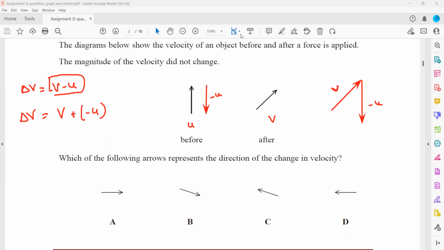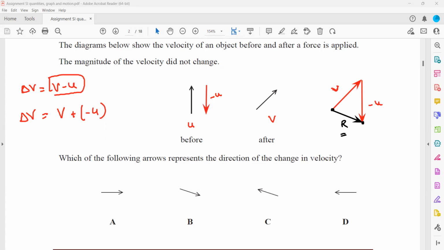And what about the resultant? The resultant is always from the tail of the first to the head of the last. That will be the resultant vector. So whenever we draw the resultant of the vectors, it is from the tail of the first, the starting vector, to the end of the last. So this will be the resultant vector. So which one does it match with?